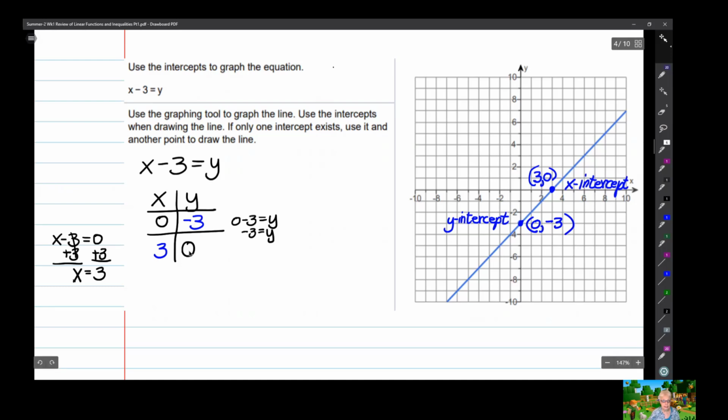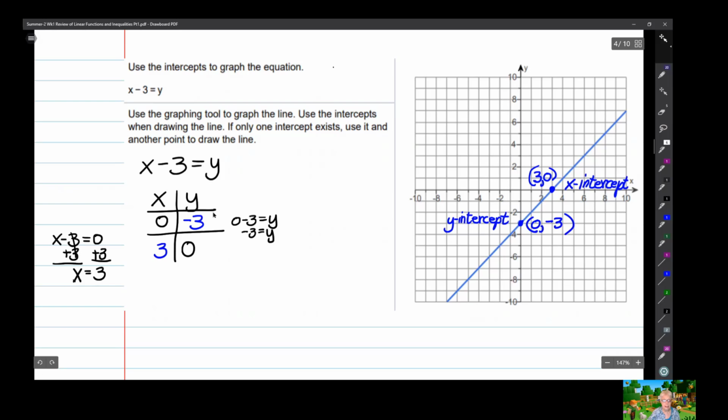If Y is 0, I put a 0 in for Y. X minus 3 equals 0. I'll add 3 to both sides, and I discover that X is 3.